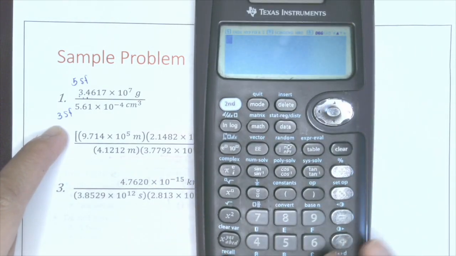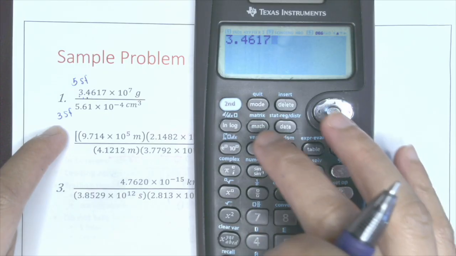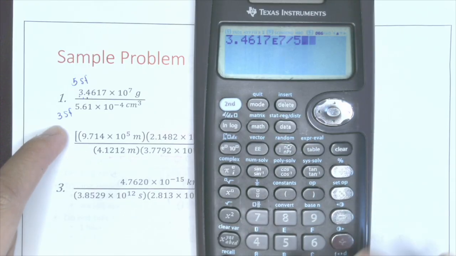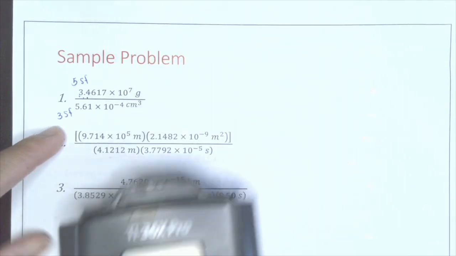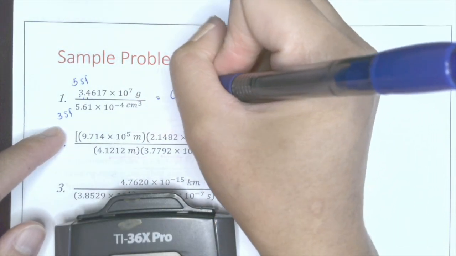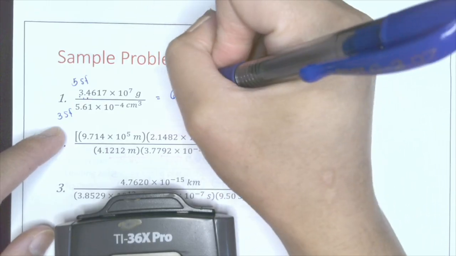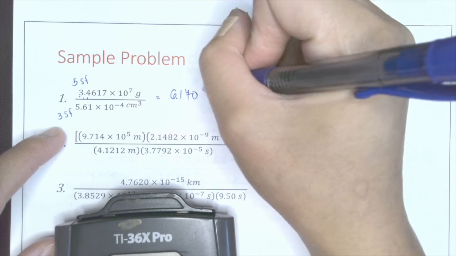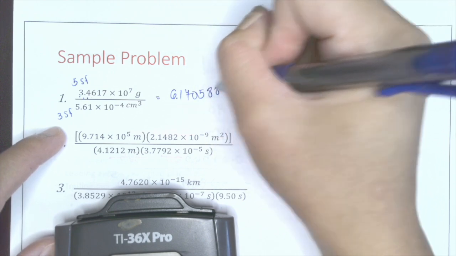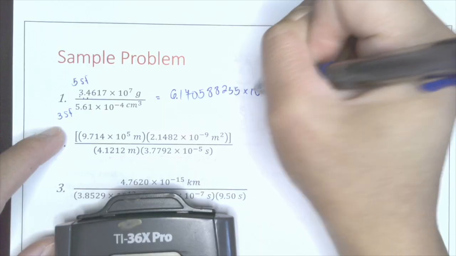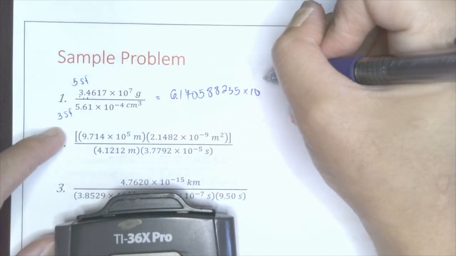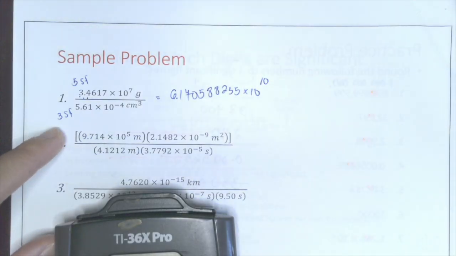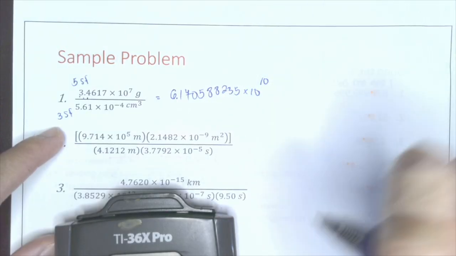Okay, let's enter this in the calculator. Our value is going to be, I'm going to go ahead and enter extra digits, and then we're going to round it afterwards. So this is what the calculator gives us.